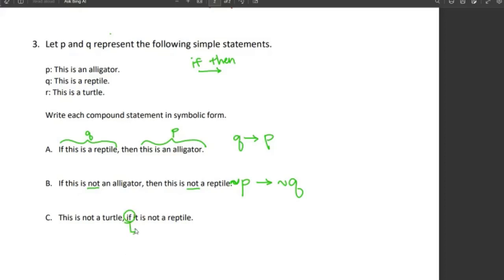So the way that we would rewrite this is if it is not a reptile, then this is not a turtle. So if this is not a reptile, we have a negative Q. Then this is not a turtle, negative R.